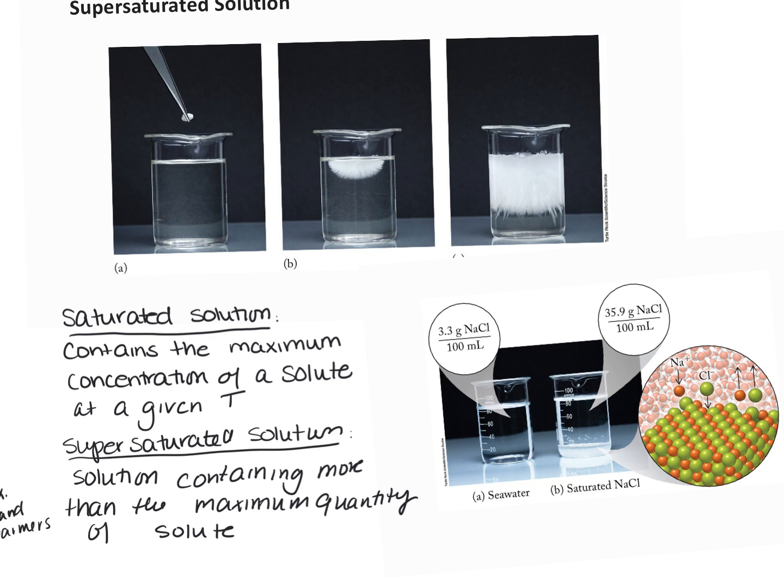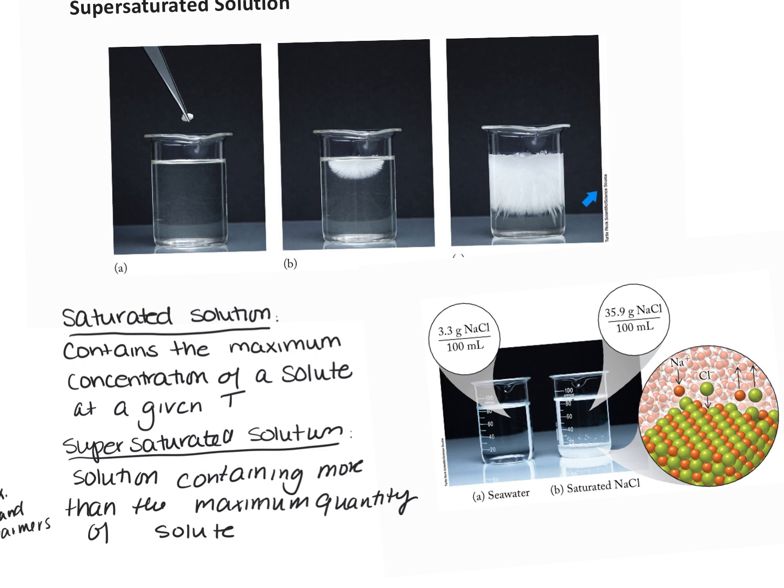And a saturated solution, this is saturated NaCl, contains the maximum concentration of a solute at a given temperature, and that's 35.9 grams of NaCl per 100 milliliters. I wanted you to see how those numbers were written.